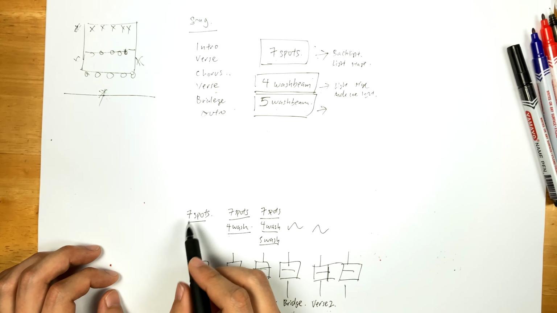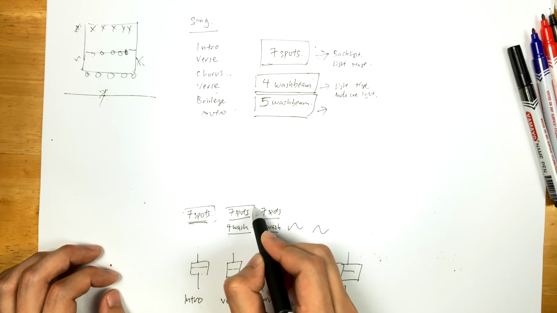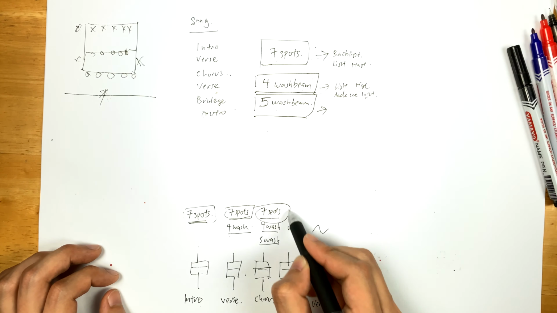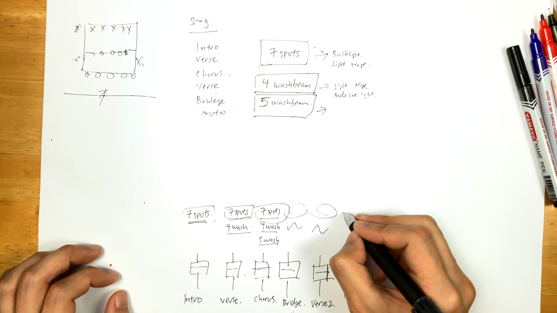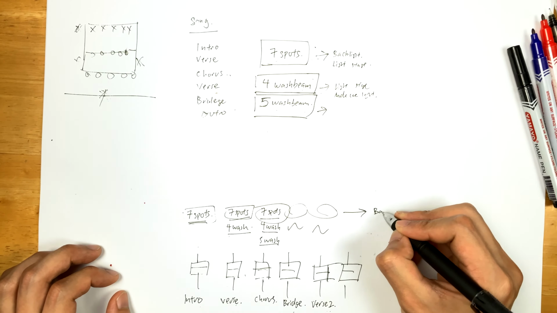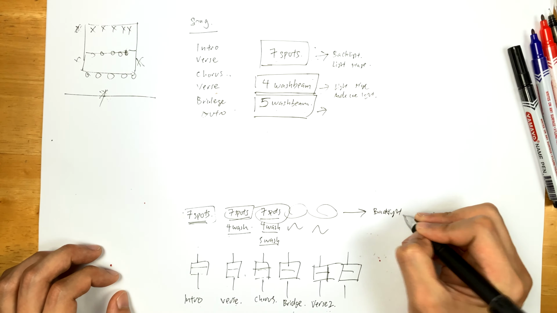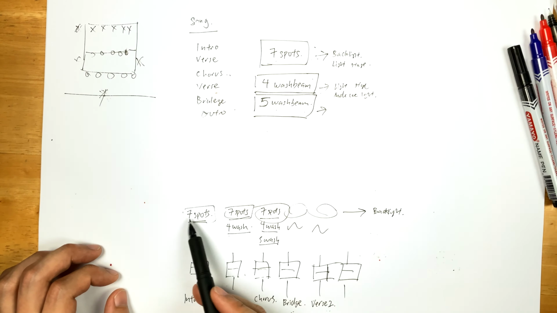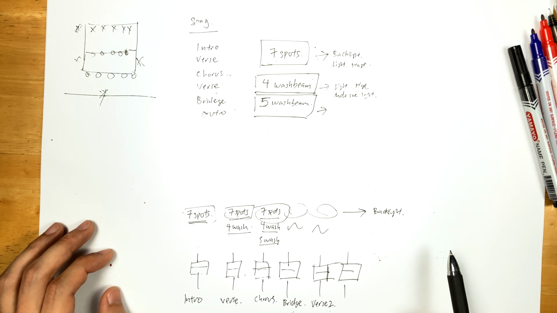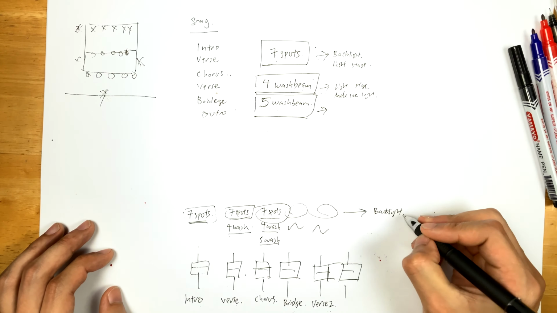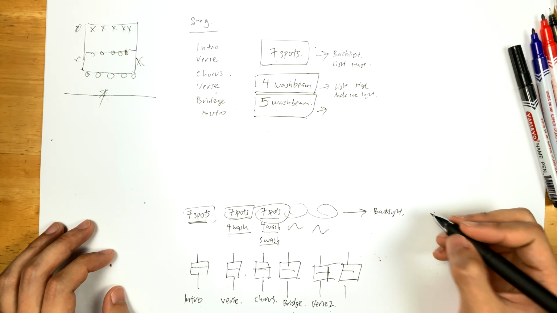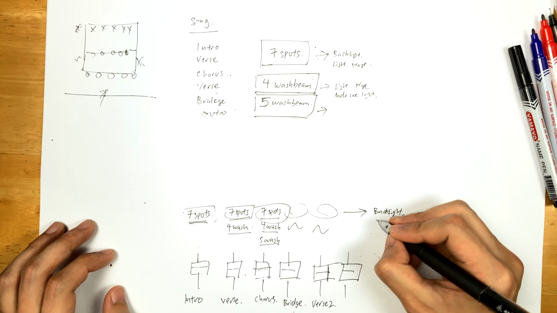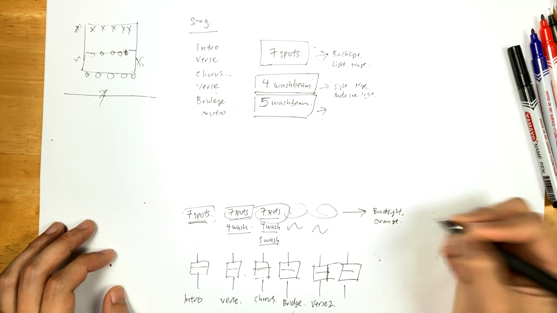So I would say all my 7 spots here, here, and here will be backlight. They'll all be the same. Okay, we don't need to complicate things. Backlight, and what color will they be? Let's just put it simply. I'm gonna call it orange.